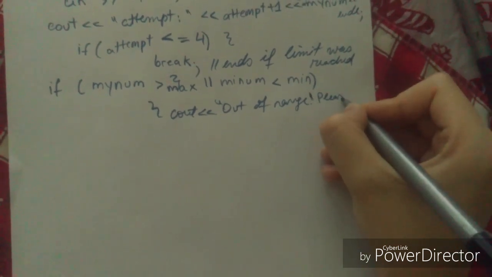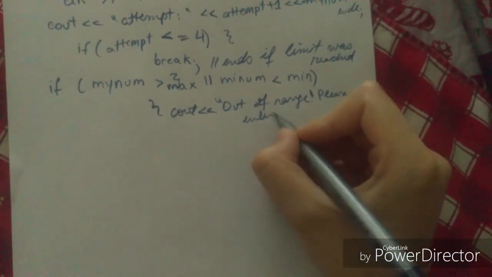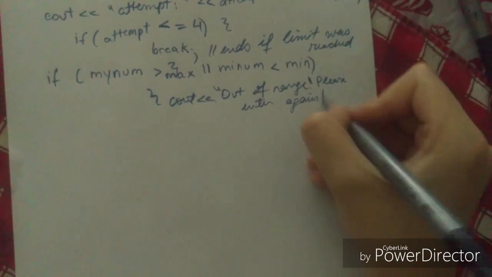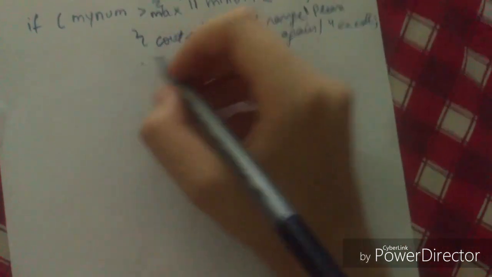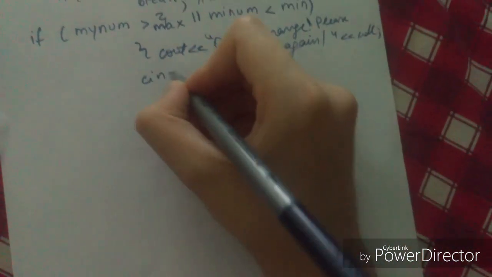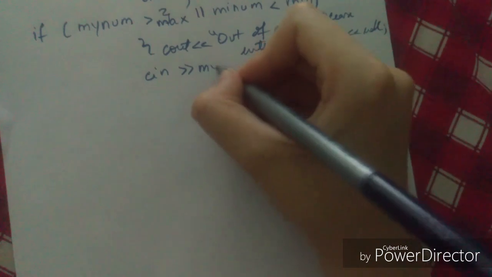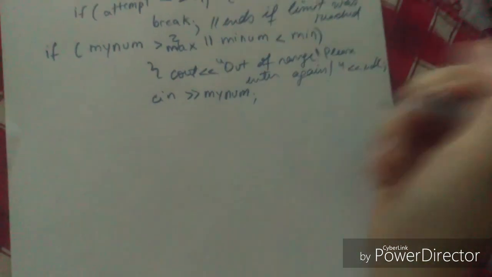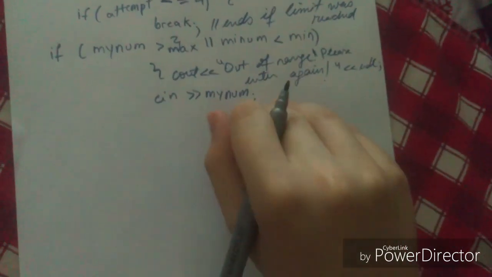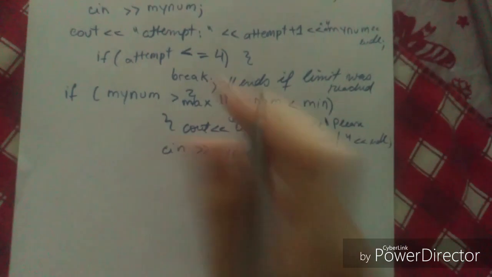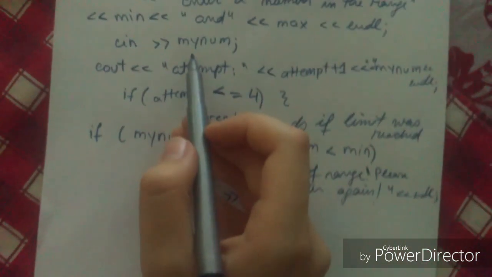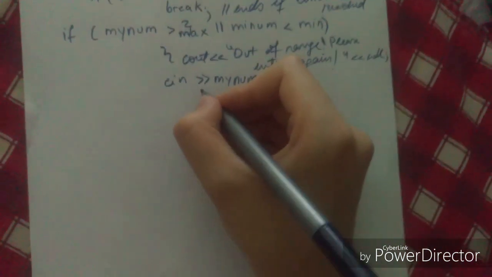Please enter again. And now, in order to enter again, you can just say cin mynum. So you don't have to have a loop, you can just make this statement and have the cin statement again with the same name of the variable that you used up here.